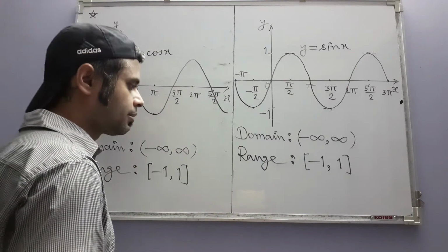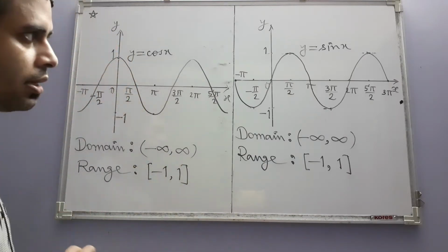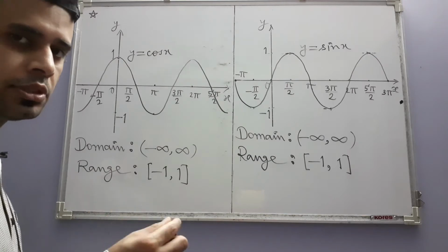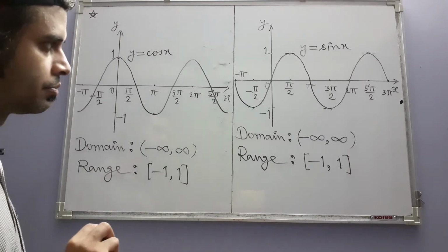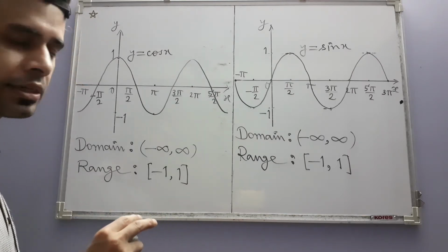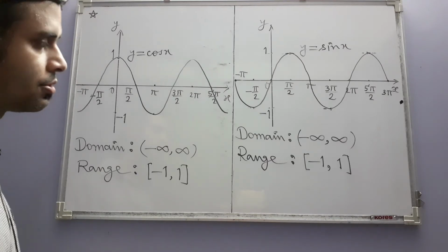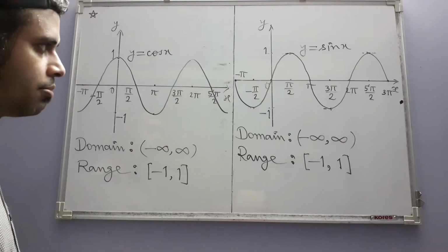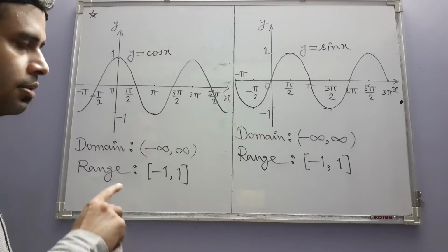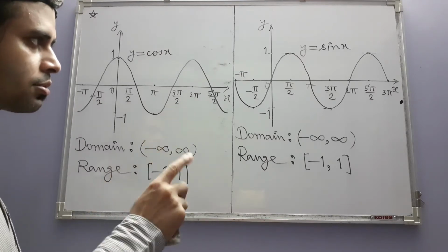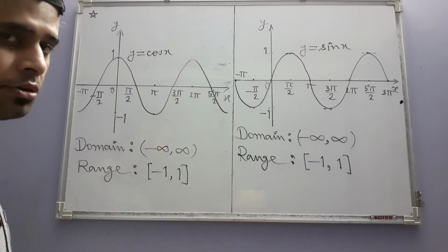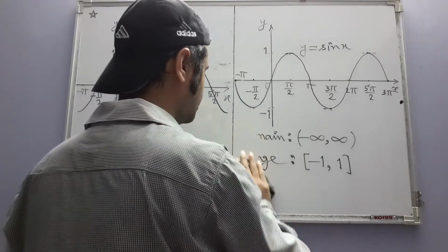We will see that without actually plotting the points, using just the definition of tangent, or its relationship to sine and cosine, we will be able to say many things about why its graph looks how it looks.